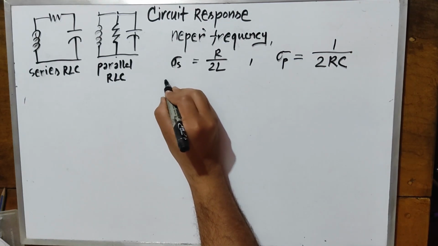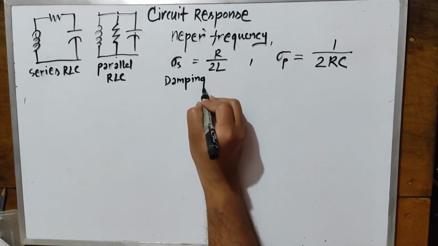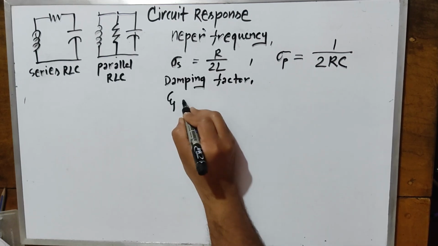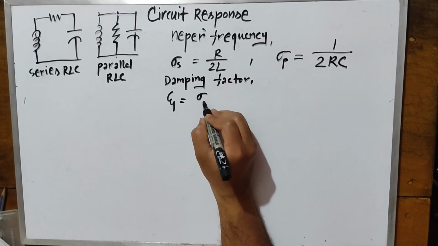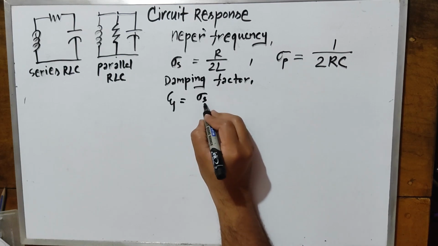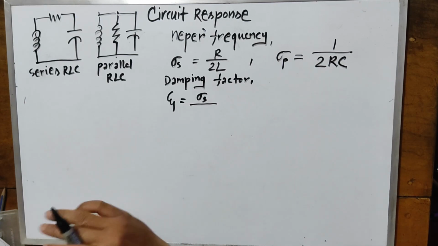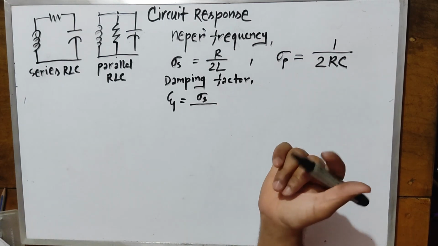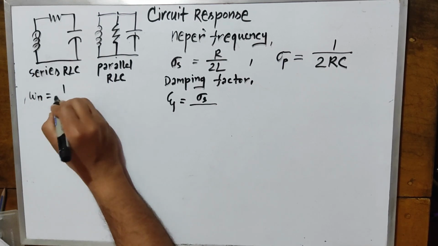And the damping coefficient or damping factor, zeta or psi, I am writing psi, as I defined earlier, is the ratio of Napier frequency and undamped frequency. For both the series and parallel RLC circuits, omega n is the same. The undamped natural frequency omega n is 1 by root LC.